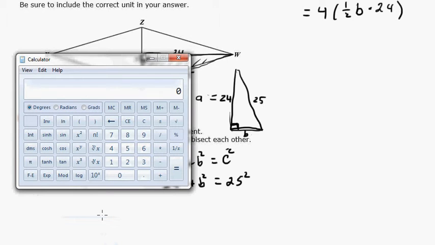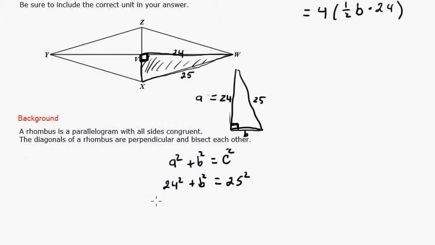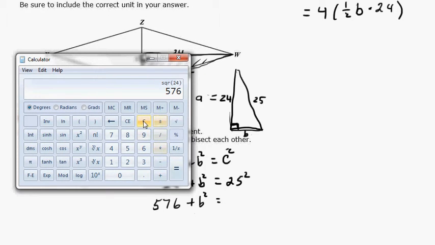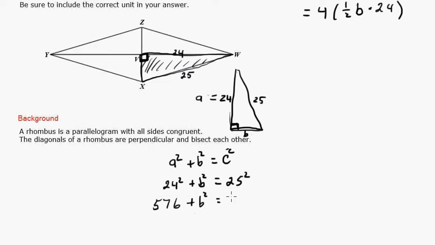Okay, so let's see. 24 squared is 576. 576 plus B squared. And what's 25 times 25? 25 squared is 625. 625.